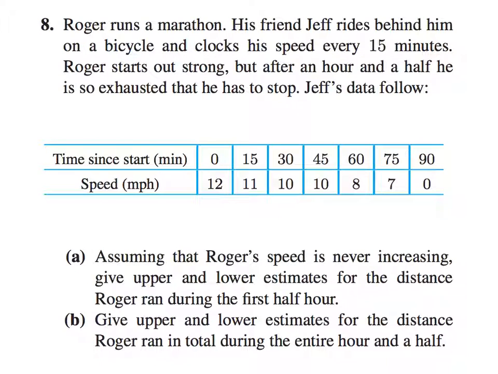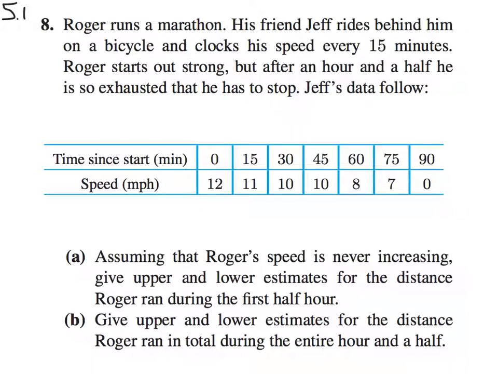In the previous problem we did the estimate using the graph of a function. Now we're doing the estimate using a table, because if you recall, all we needed for our estimates were certain measuring points, certain data where the speed was measured at specific regular intervals. So this is 5.1 number 8.